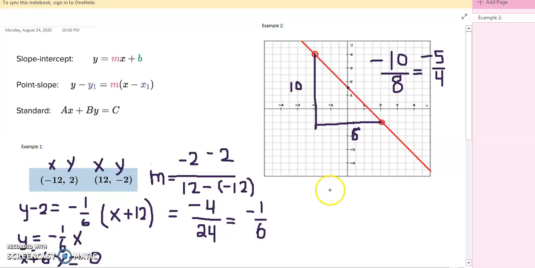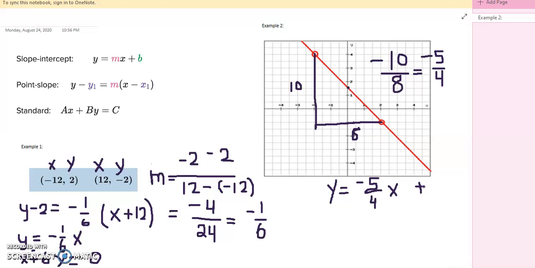And so I'm going to take y is equal to negative 5 over 4, right, that's the slope, times x plus 1.5, which I'm going to write as a fraction because we typically use fractions in Algebra 1 and 2. We don't really use decimals that much. And so 1.5 is the same thing as 3 divided by 2. Okay, so that's my slope-intercept form.